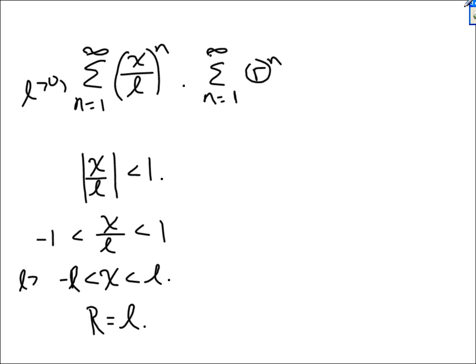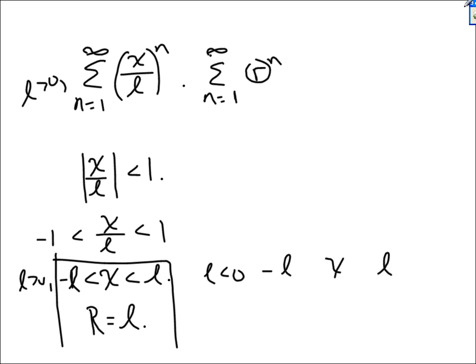This is if L were positive, from here down. Now, if L is negative, when you multiply both sides by a negative number, and you multiply all three sides by L, you'll get that. But since L is negative, it becomes that.